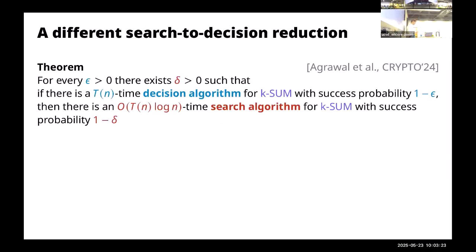And it's actually an adapted version of a search to decision reduction for KSUM that was published a year ago.